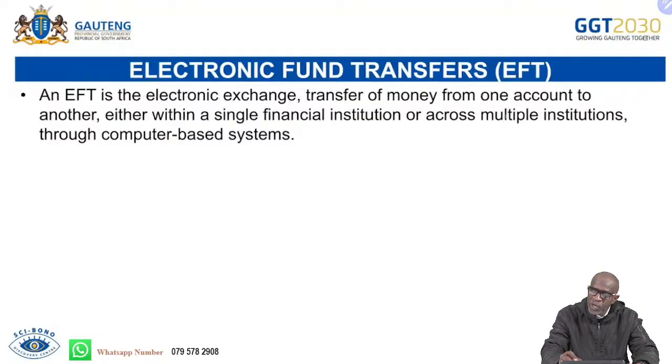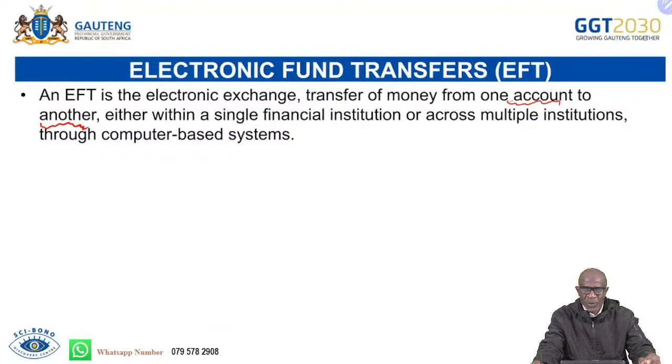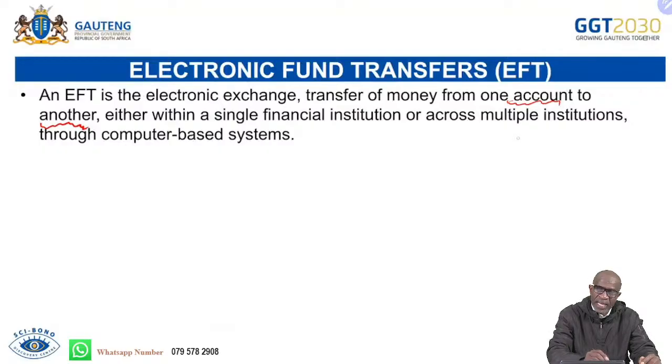So it has to do with movement of money from one account to another account. Two different accounts are involved here: the account of the sender and the account of the recipient of the money. The sender will instruct his bank or financial institution to pay a certain amount of money to the recipient. That is the transfer of money from one account to another.